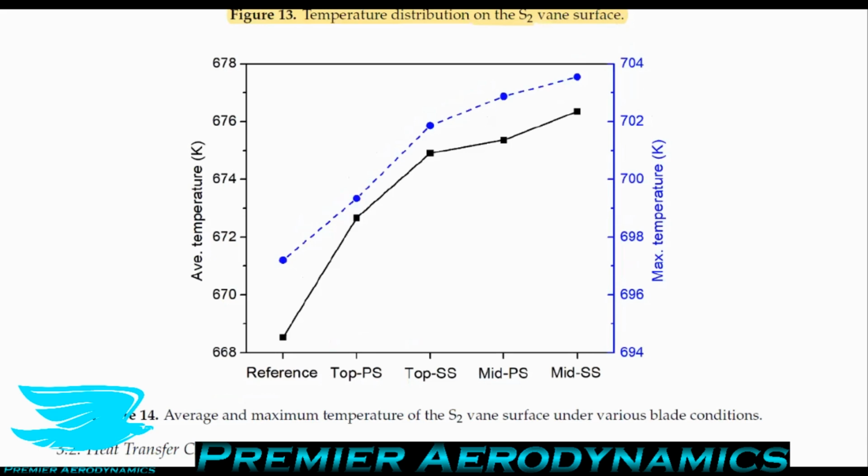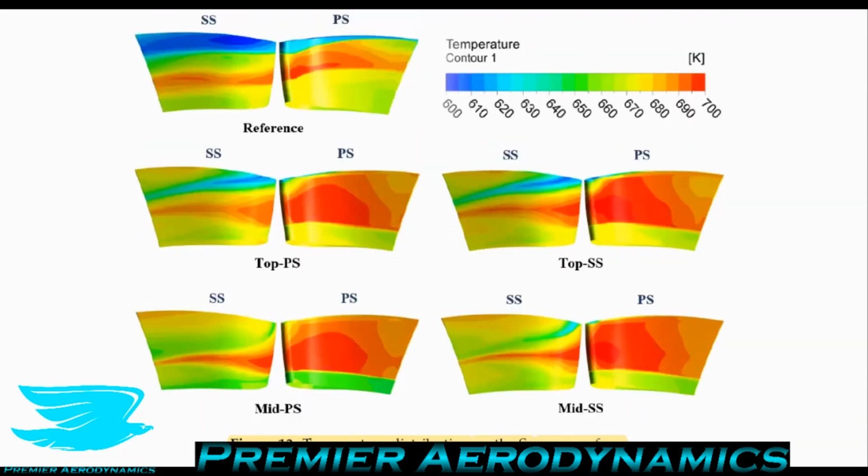Okay, so they have just the typical graph, and it shows that regardless of where the damage is on the rotor, the stator had an increase in average and maximum temperatures. They also have pretty cool distributions where they show that any damage to any of the blades dramatically increases the temperature on the stator blade on the suction surface a lot.